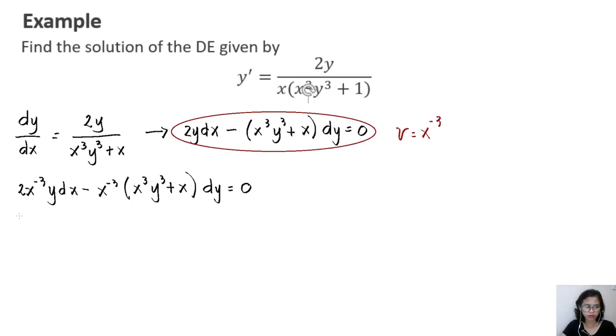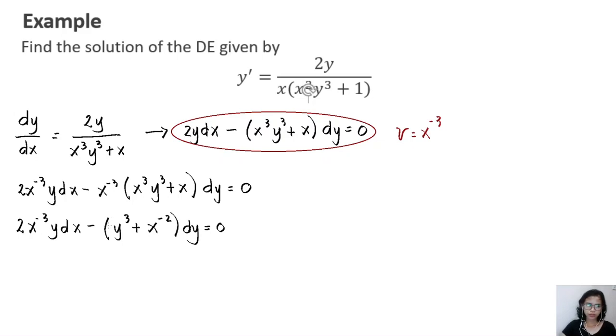So our new exact differential equation will be minus x to the negative 3 times this one. It will become y cubed plus x to the negative 3 times x, that would be x to the negative 2. So actually, we are just simply multiplying something to the differential equation, but we're not changing it, so that this will become an exact differential equation.